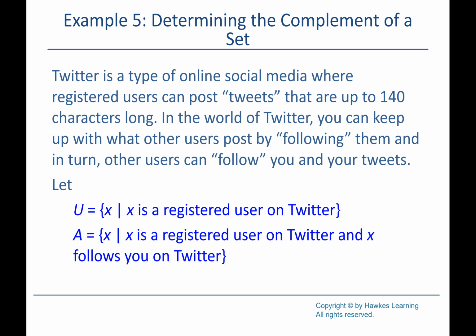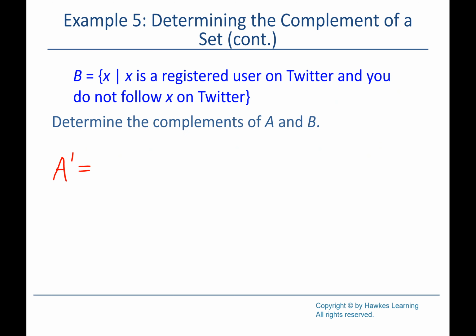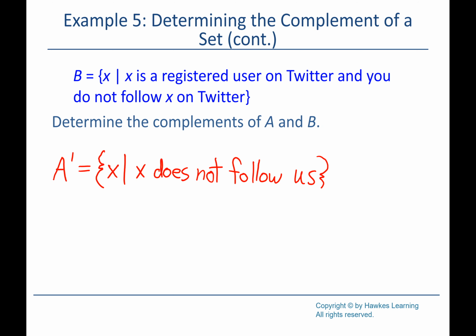All the ones that don't follow us on Twitter. A complement, I'm not going to write down is a registered user of Twitter. Again, I'm just going to say it's the set of x's such that x does not follow us.